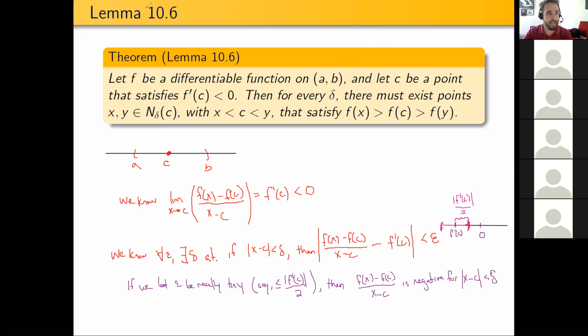So f prime of c is negative, and I've made my epsilon small enough that that entire little epsilon neighborhood is also negative. And so because of that, this quantity will have to be somewhere in that epsilon neighborhood. It'll have to be within that epsilon distance of f prime of c, so it will also be negative for x minus c values in the corresponding delta.